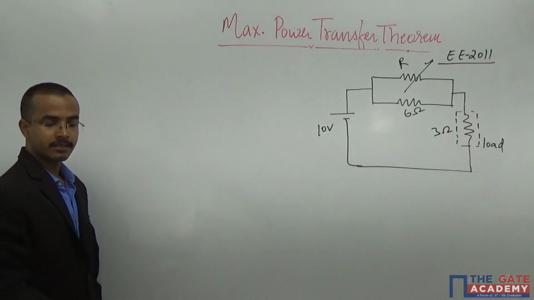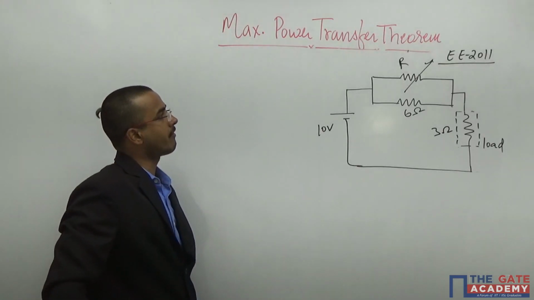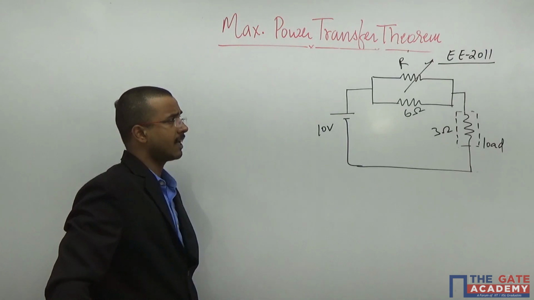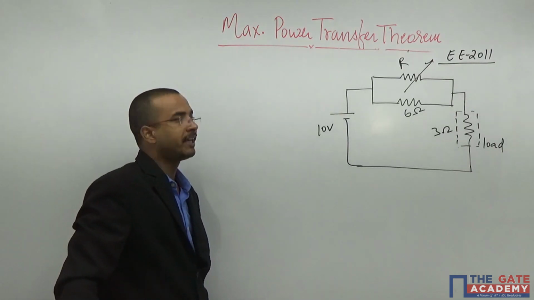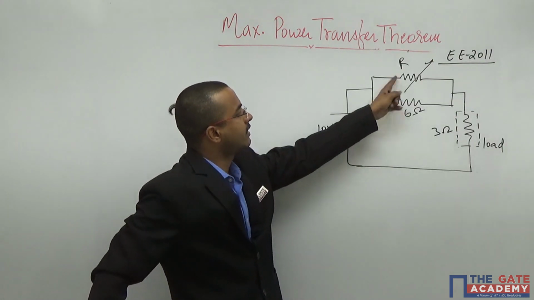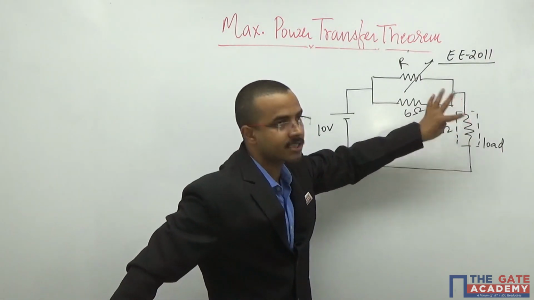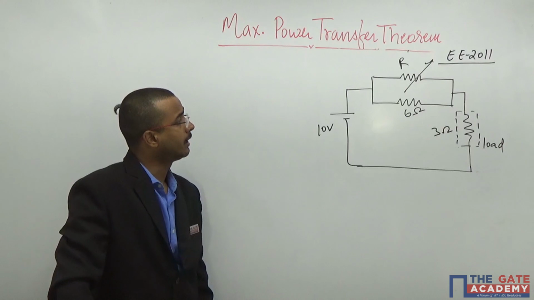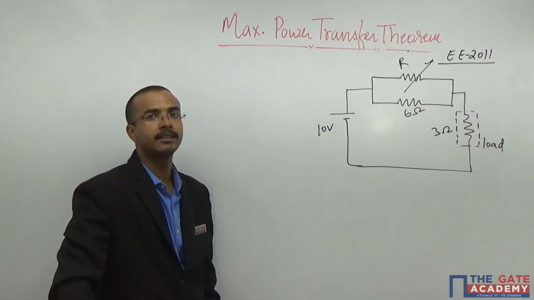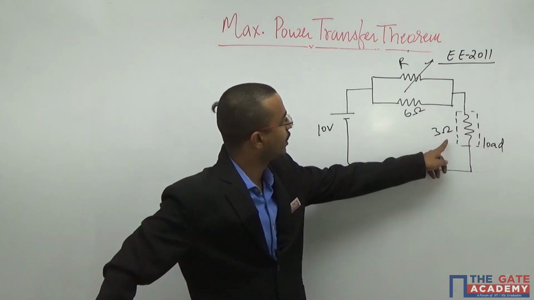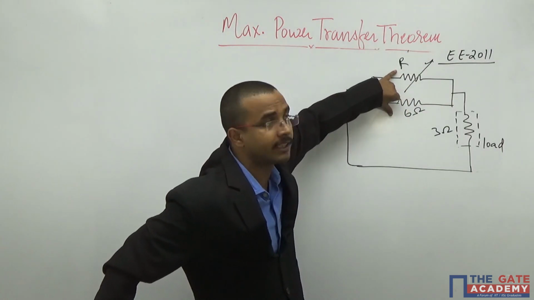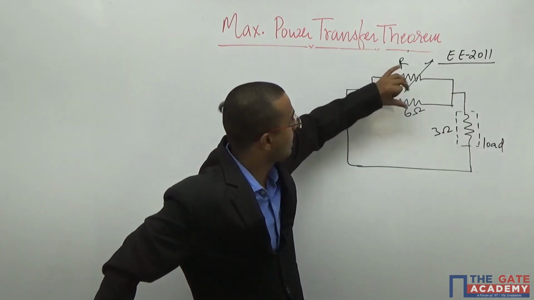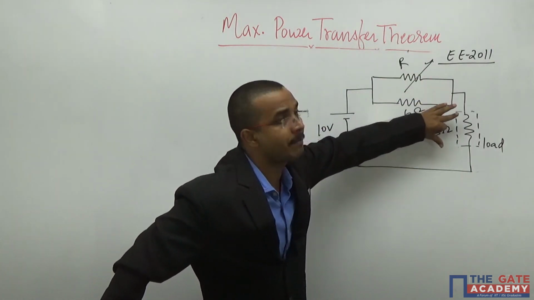Now, this is the question of the maximum power transfer theorem, and they have asked what should be the value of this R to get the maximum power across this load. Now, most of the people will think like this: if this 3 ohm will be equivalent to this, then the power will be maximum.